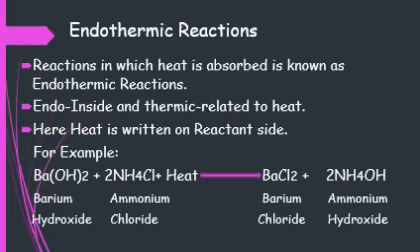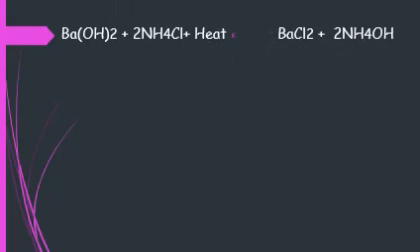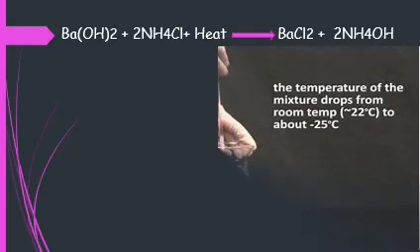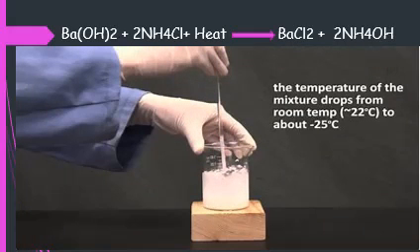If we see in the next slide, here also the same reaction is given. Here, if we see in the beaker, the two reactants, barium hydroxide and NH4Cl, are mixed together.